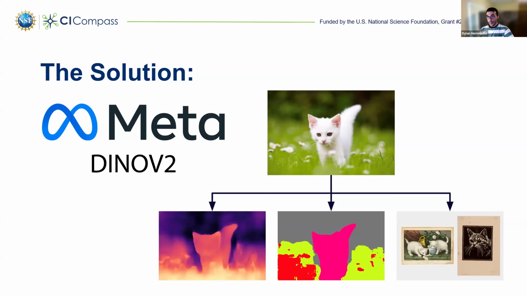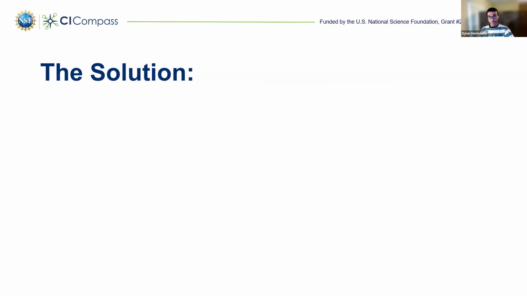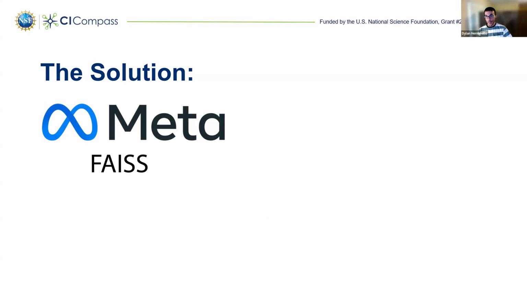It didn't work perfectly because nothing in research does. So I found another tool, also produced by Meta, called FAISS, which is the Facebook AI Similarity Search. If you've ever dragged an image in Google to look up similar, it's basically that.